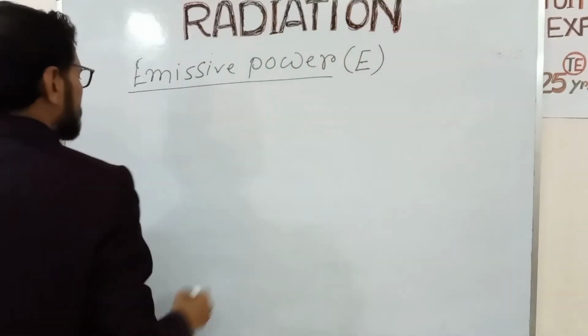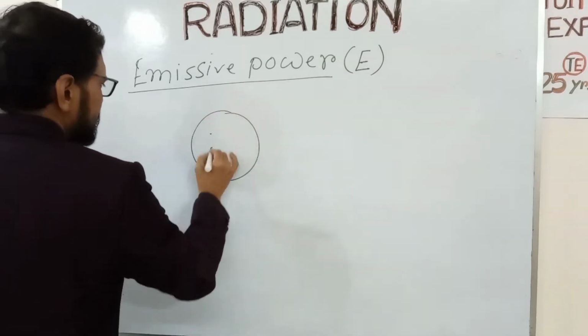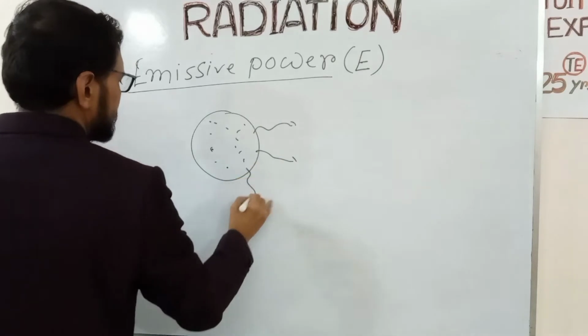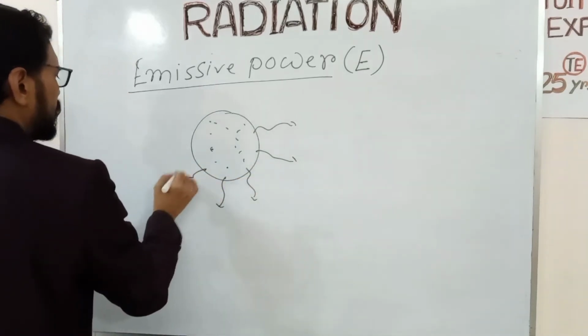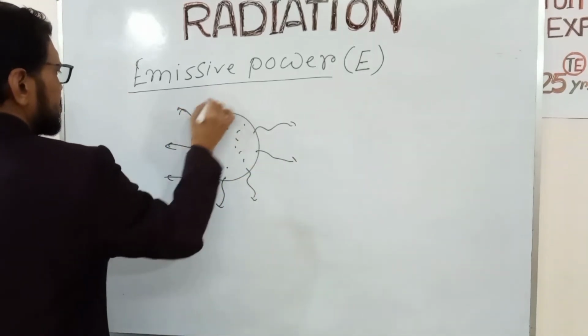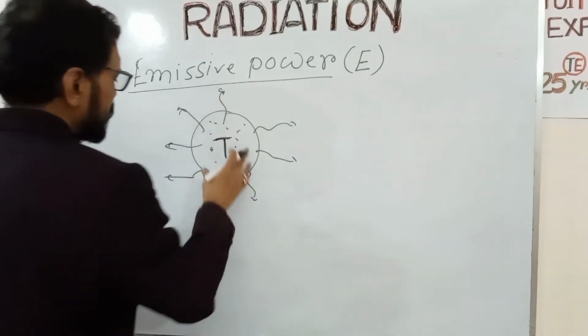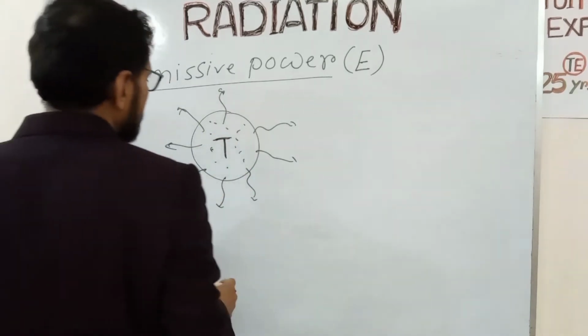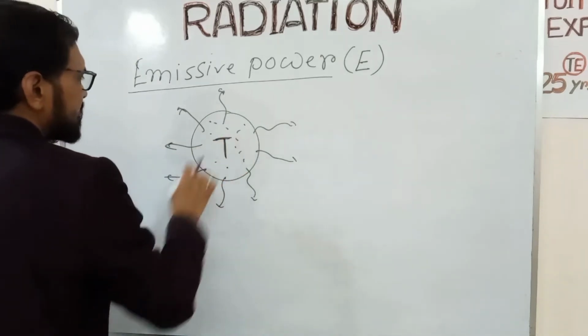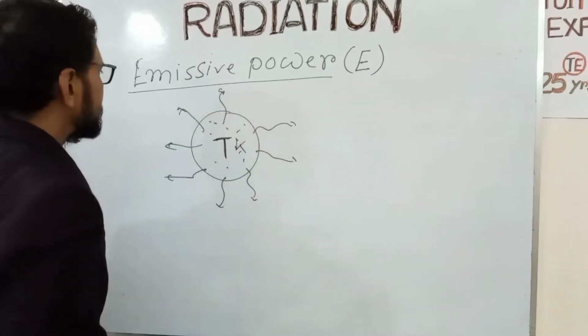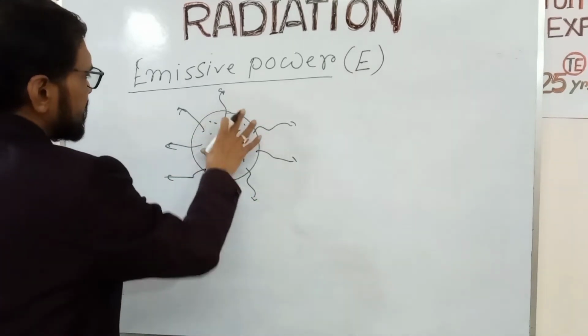What is emissive power? Suppose this is a hot body, it radiates heat from all its surface. Temperature is, suppose, T Kelvin. The temperature of the hot body is in the absolute scale, that is in the Kelvin scale. Now it radiates thermal energy.